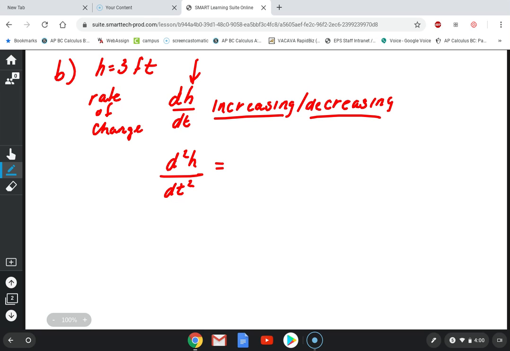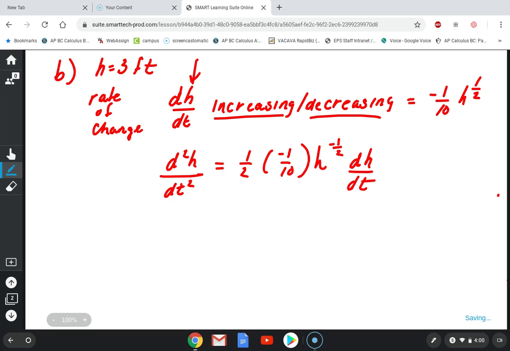That's the way to write the second derivative. If I take the derivative again, I start with dH/dt, which is negative 1 over 10 h to the 1/2. So I'm going to have 1/2 times negative 1 over 10 h to the negative 1/2, times dH/dt with respect to time. So I have the second derivative, and I want to evaluate that at h equals 3.